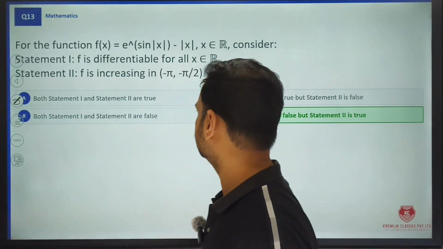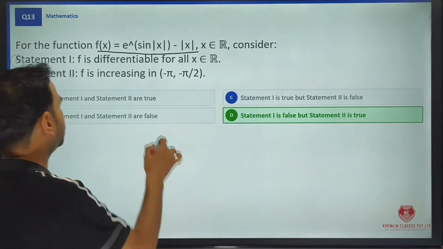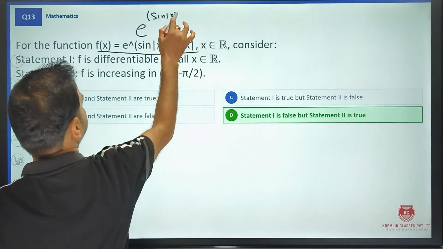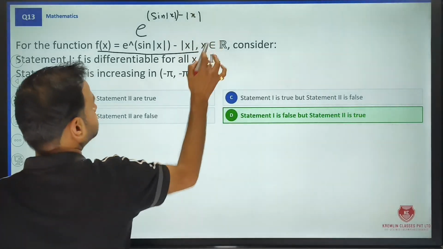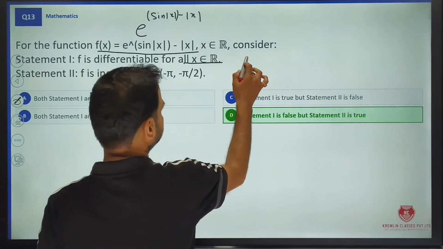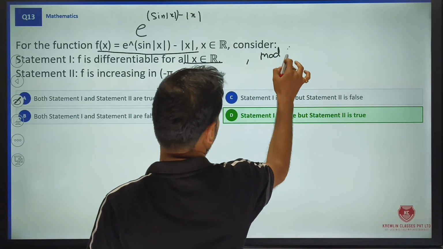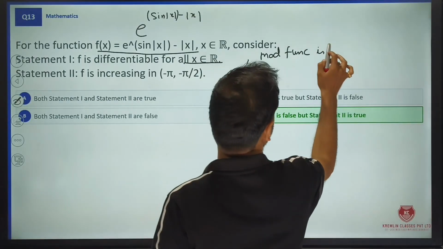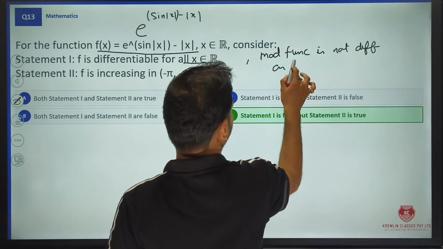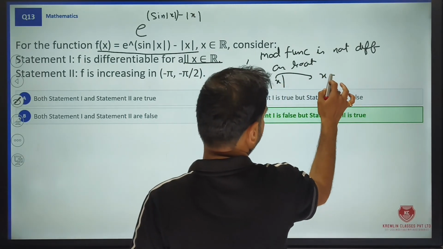Now moving to question number 13, we will first read the question. f(x) is given by e to the power sin|x| minus |x|, x belongs to real numbers. f is differentiable. It is clearly wrong for x belonging to real numbers because we know that the mod function is not differentiable on its roots, so for |x| equal to 0.